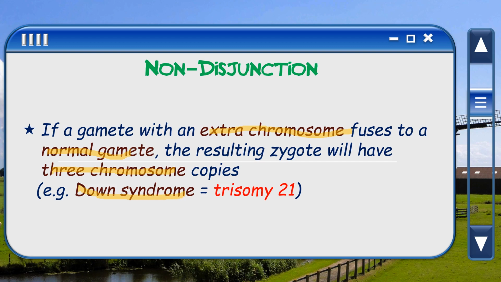If a zygote has 3 chromosome copies, then we refer to it as trisomy. And trisomy Down syndrome always occurs on chromosome number 21, where chromosome 21 failed to separate and it got an extra chromosome.